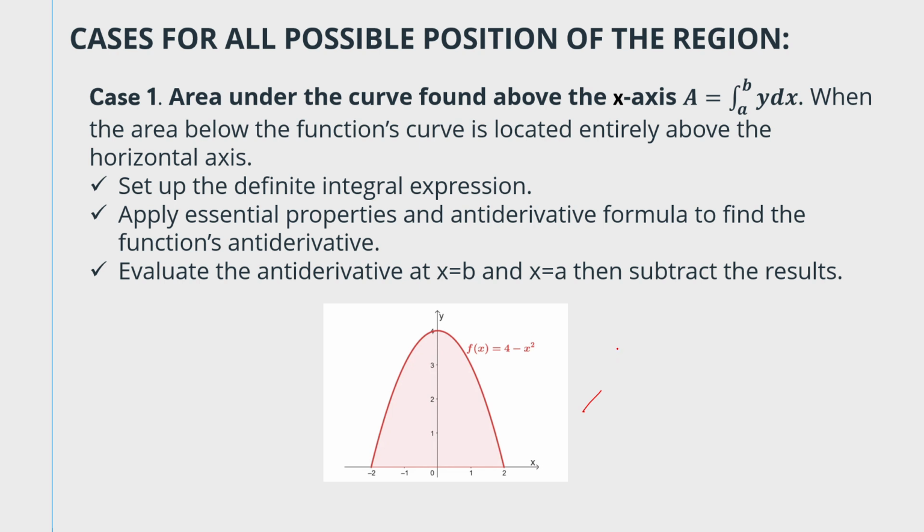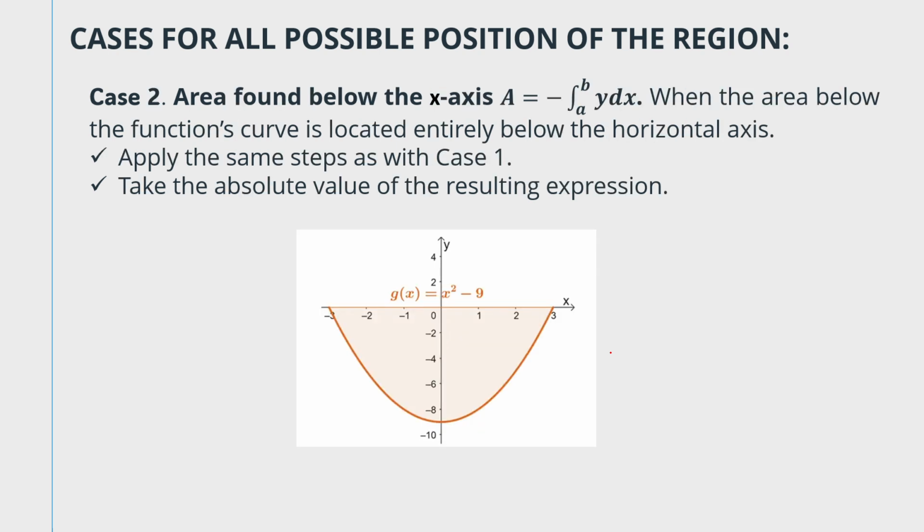Second, apply the essential properties and the antiderivative formula to find the function's antiderivative. And next, evaluate the antiderivative at x is equal to b and x is equal to a, then subtract the results. That is the procedure for case number 1.